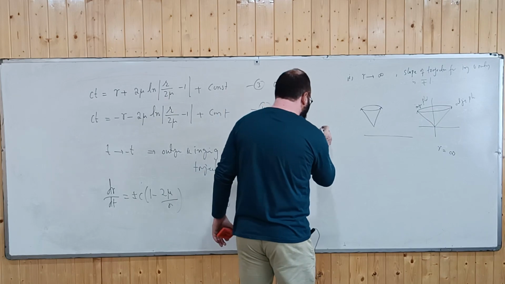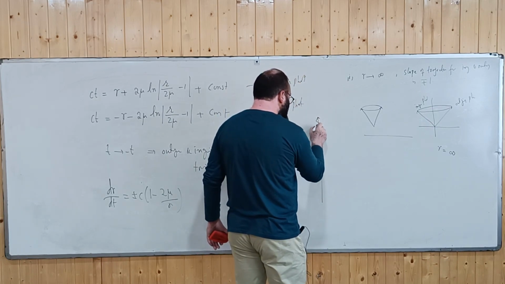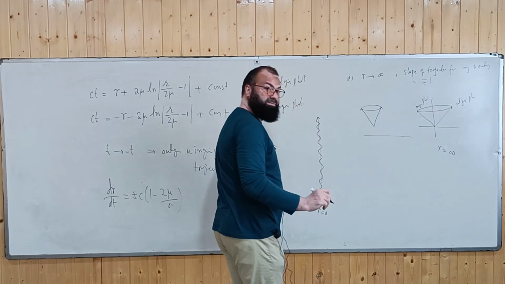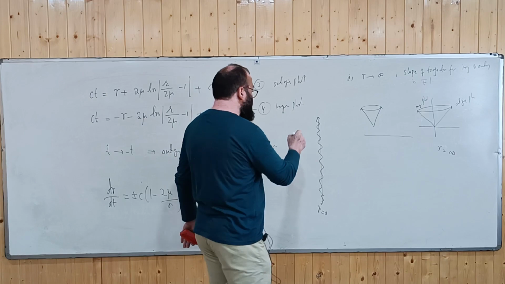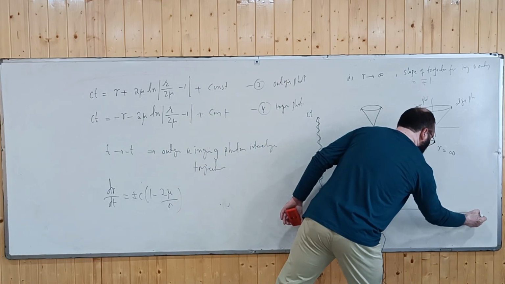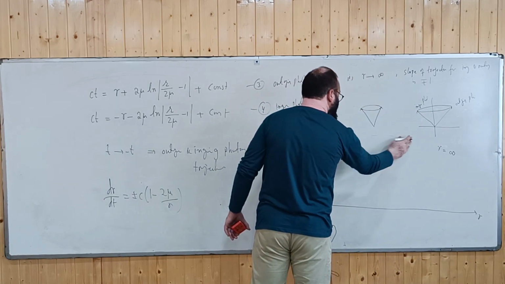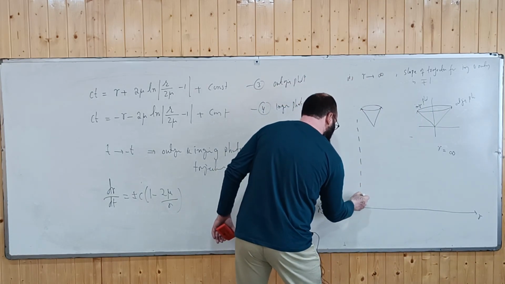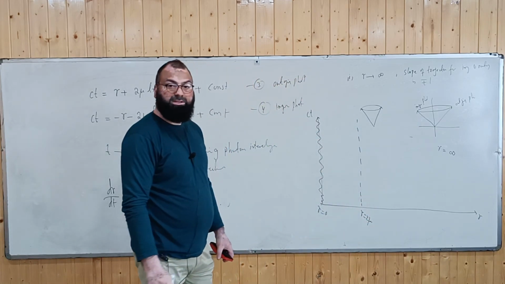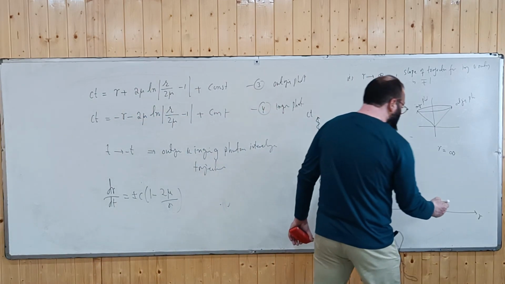So let me draw the diagram now. This is our r equal to 0. It is the diagram of t and r. This is r, and let's take this as r equal to twice mu, our horizon. Clear? So let me draw here.